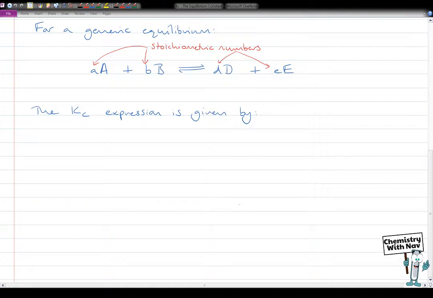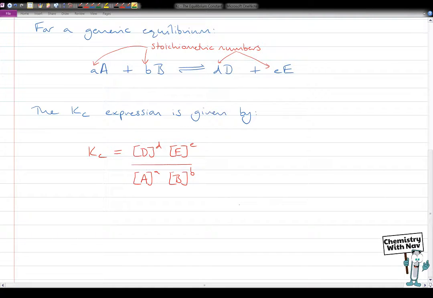If you have that equilibrium written out, then the Kc expression is given as the concentration of D to the power of little d multiplied by the concentration of E to the power of little e, all over concentration of A to little a times the concentration of B to little b.